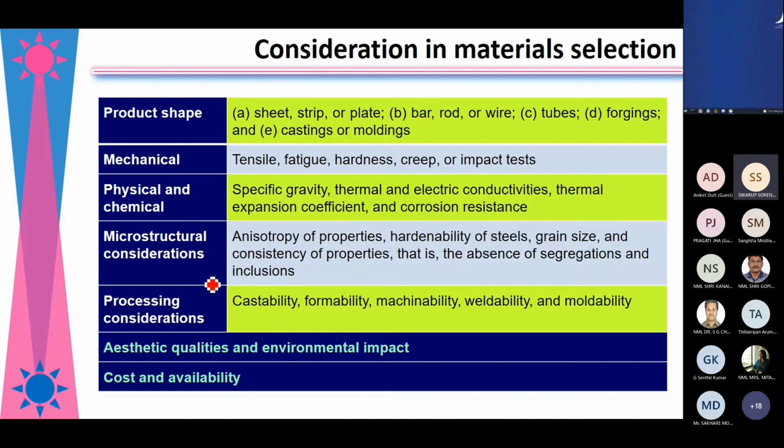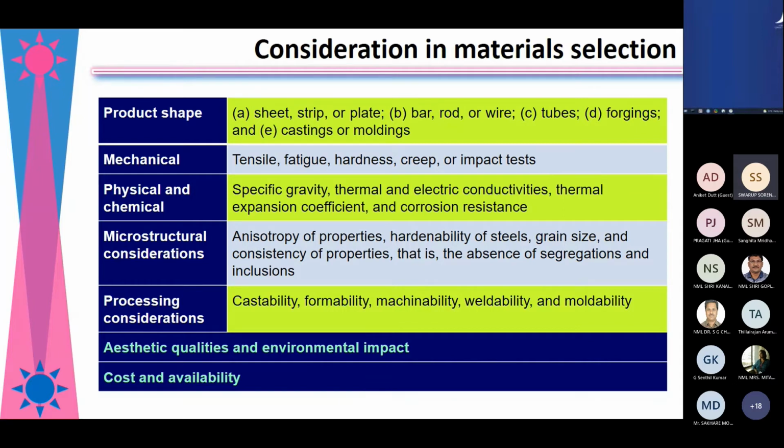Obviously, if it is a load-bearing material, then we have to be very careful about microstructures. Once you choose the material, what is the processing consideration? Is it castable, can we form it easily, is it machinable, weldable, and all those things? Obviously, the aesthetics and environmental impact again, and then cost and availability of the materials.